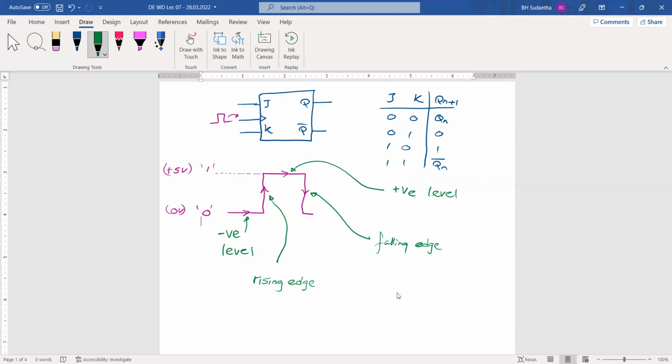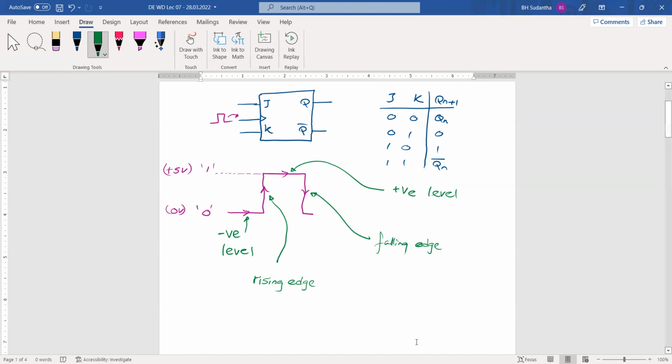Okay, with this triggering pulse, the pulse actually has 4 different parts. Which part is responsible to do the change? Yes, some of you have mentioned it's the positive level. Exactly correct.